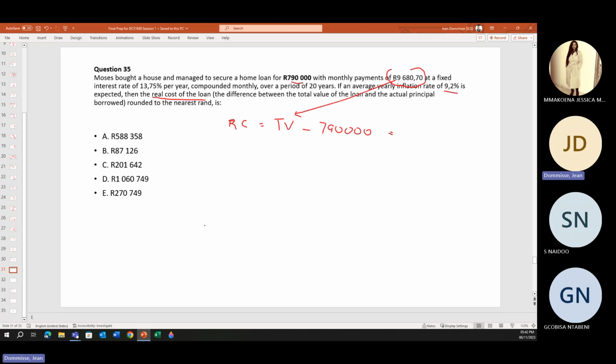The things that I will put into the calculator: my PMT will be minus 9680.70. I will work with the inflation rate of 9.2%.